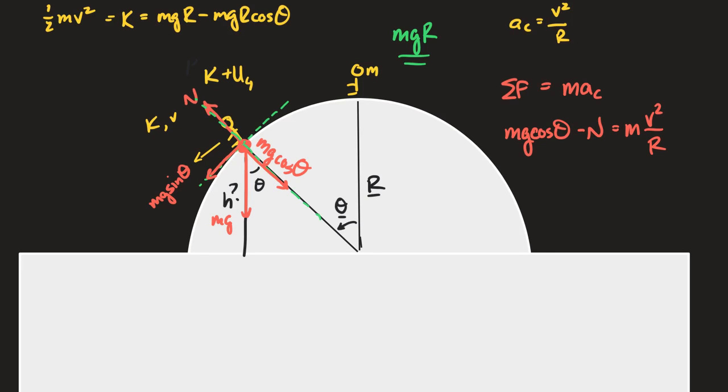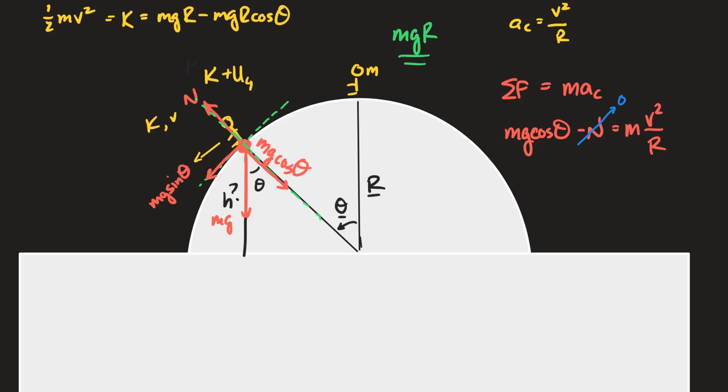Now, when do they leave the surface? What is the condition? That's right, at the instant that the normal force goes to zero. Now, when you look at this, mg cosine theta minus normal, you should see that the faster you go, the smaller the normal force has to be.